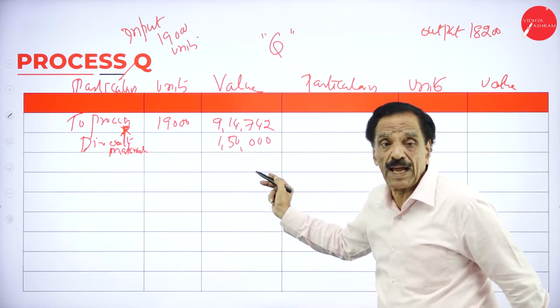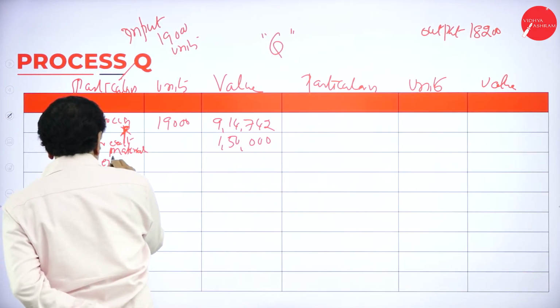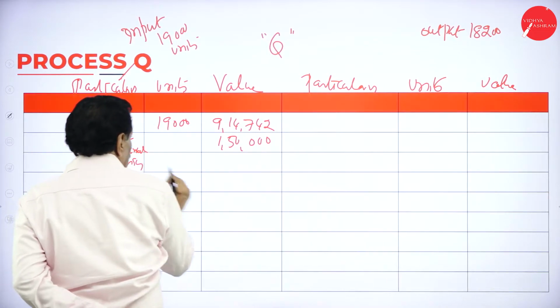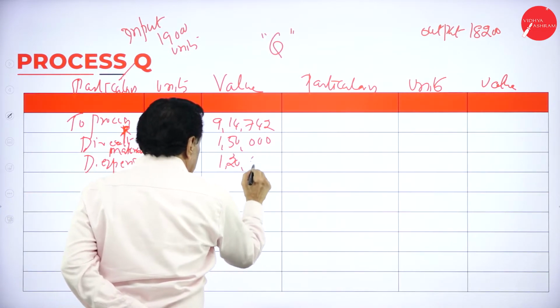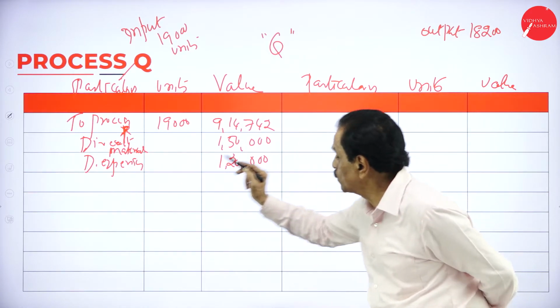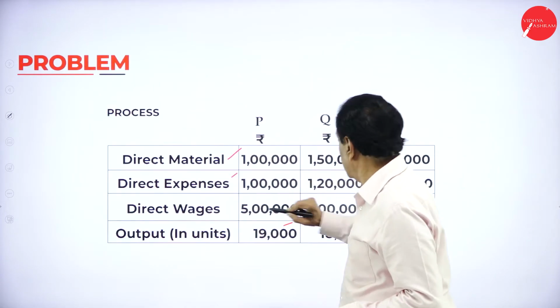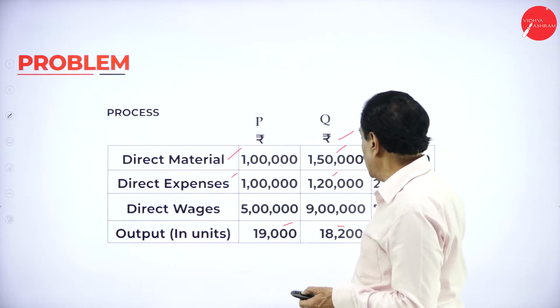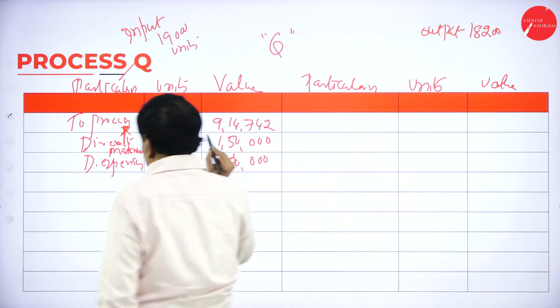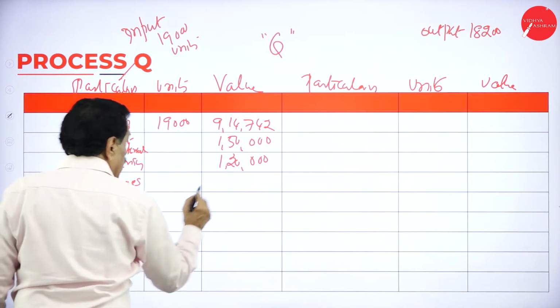Direct material is 1,50,000. Direct expenses 1,20,000. Direct material is 1,50,000. Direct expense is 1,20,000. Direct wages 9 lakh.